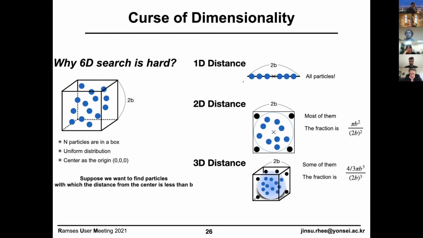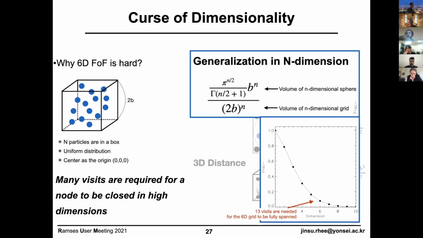For the one-dimensional case, all particles will be connected to the center particle, whereas for the 2D or 3-dimensional cases, some of the particles are connected. The fraction of connected particles to the total particles corresponds to the volume fraction between the sphere and the box. The fraction can be generalized to n dimensions, which approaches 0 as the dimension goes higher.